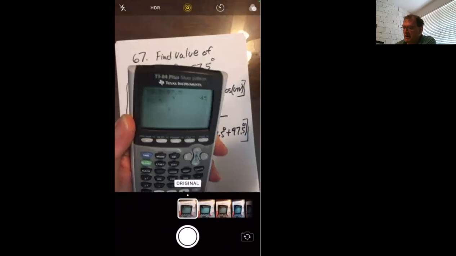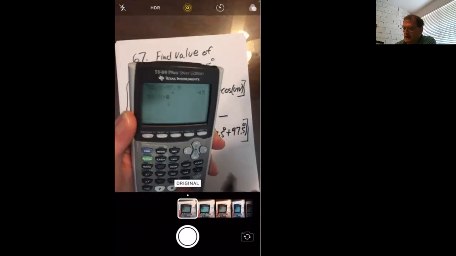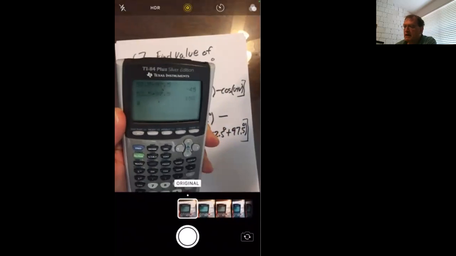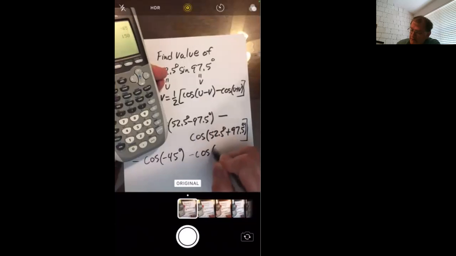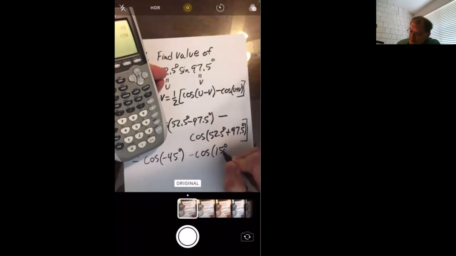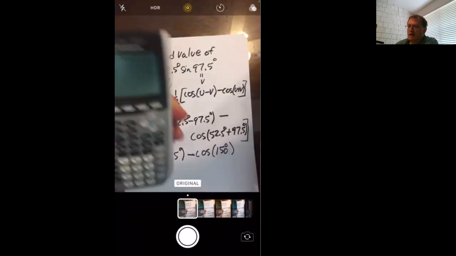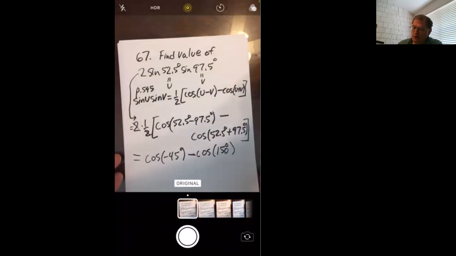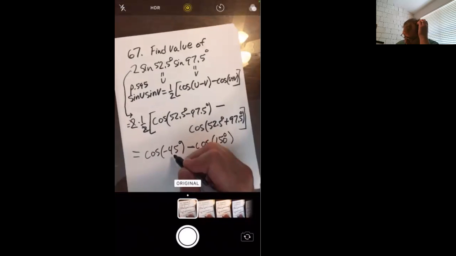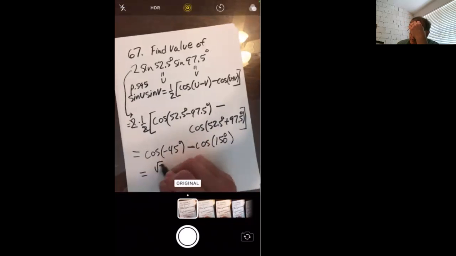52.5 add 97.5 is 150, okay. Minus cosine of 150 degrees. So cosine of your negative 45 is equal to cosine of 45, which is root 2 over 2.